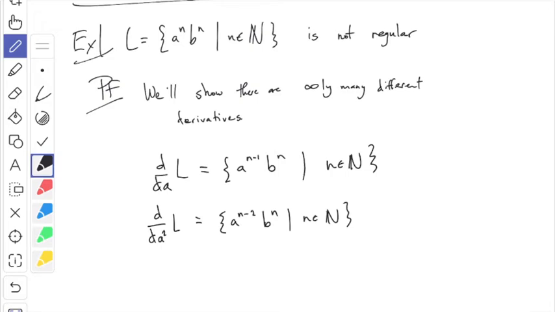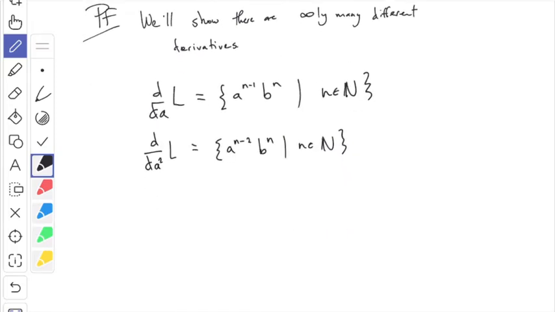Can you see how I could make infinitely many different derivatives? The answer is you just keep on doing this, right? I did a and then a squared, but you could do a cubed and a to the 4. You get a different thing every time. So the way that I'm going to write this is I'm going to say let d_i be the derivative with respect to a to the i of L. I'm trying to write a whole list of infinitely many different ways that you could do this.